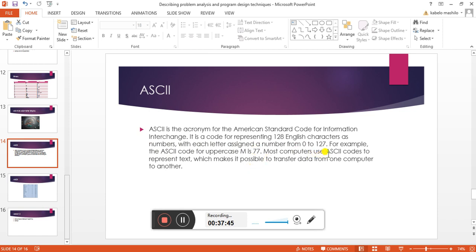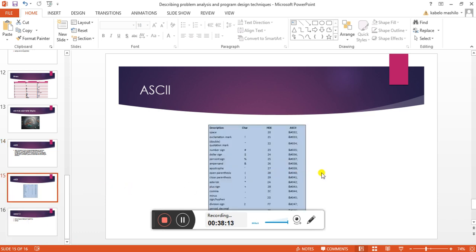Most computers use ASCII codes to represent text, which makes it possible to transfer data from one computer to another. So what they mean here is that most computers use this code to represent text.